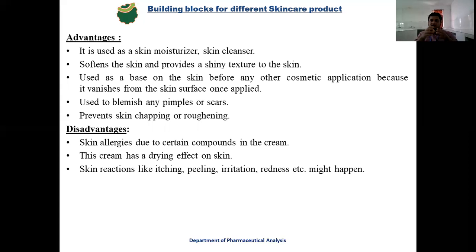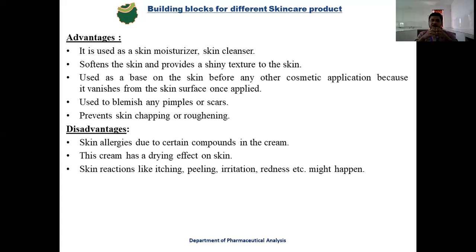I already said that it can be used as a base for other products. Then it is used to blemish any pimples or scars. If any person has pimples or any mark on the skin, after applying the vanishing cream, they are not visible; it can diminish or remove the pimples or any spots like scars.